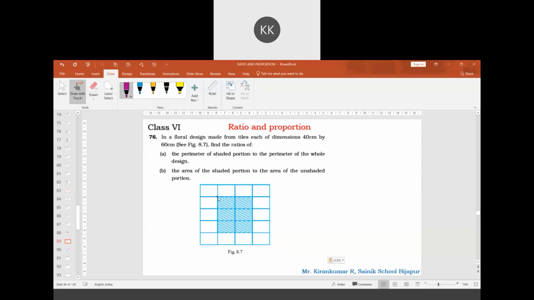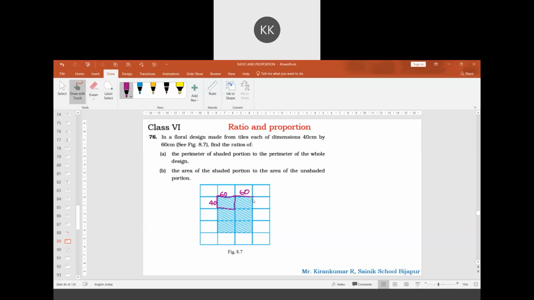From here to here, what will be the distance? It will become the length, 60 centimeter. From here to here, it will become 40 centimeters. So totally like this, how many are there? 1, 2, 3, 4, 5, 6 are there. So to find the area of this particular thing, multiply by 6. Suppose if you want to find the perimeter, the length should be added.